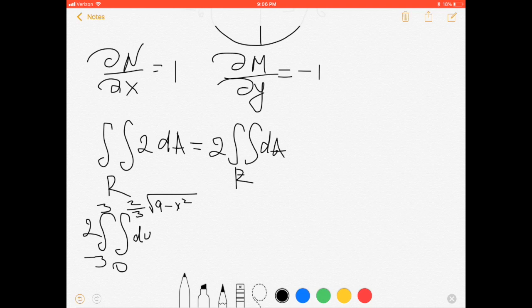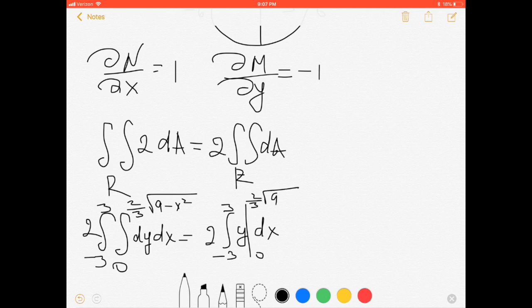And then we take dy dx. It will be twice the integral from negative 3 to 3 of y dx, where y is from 0 to 2/3 square root of 9 minus x squared.